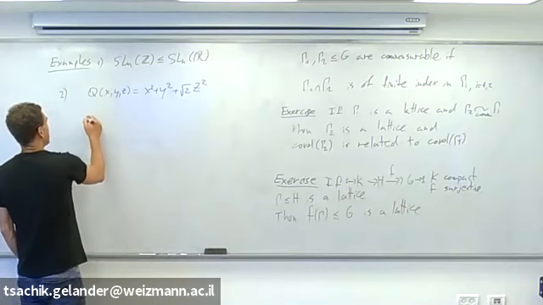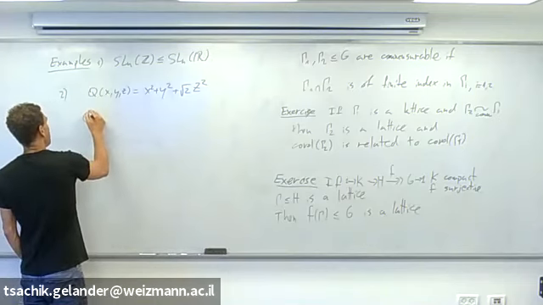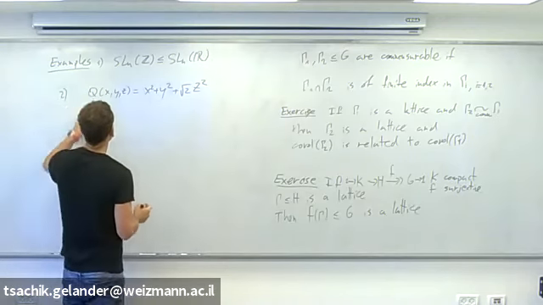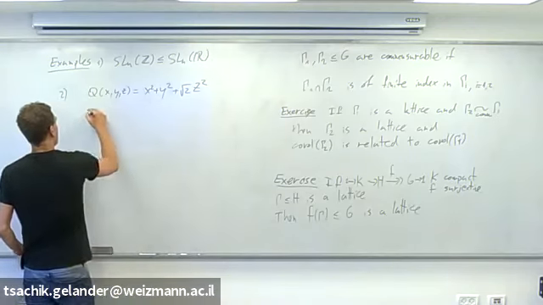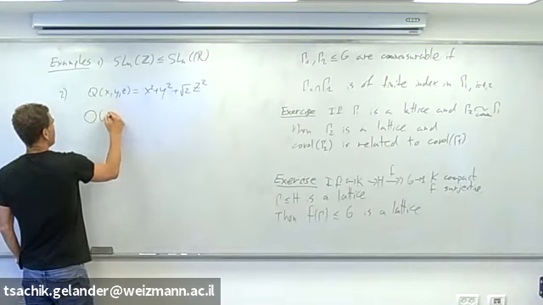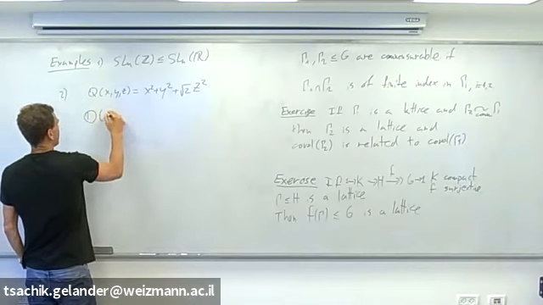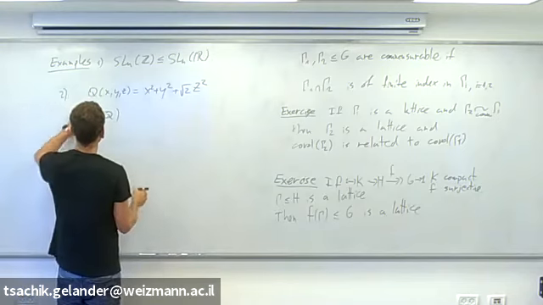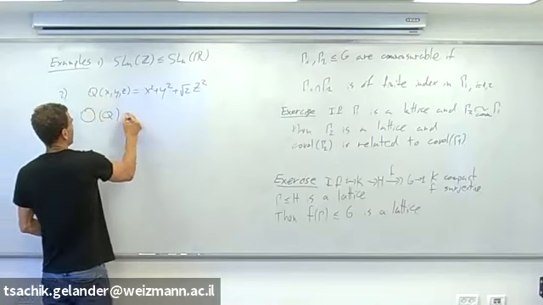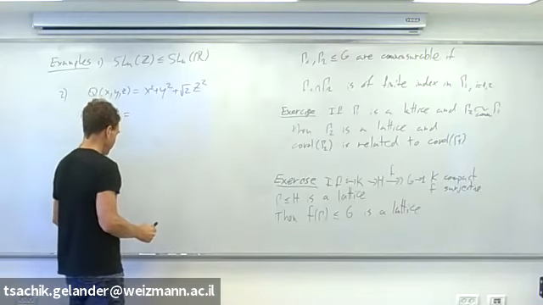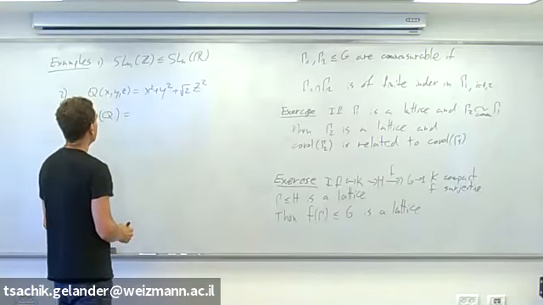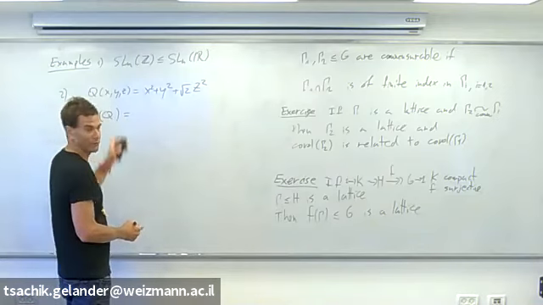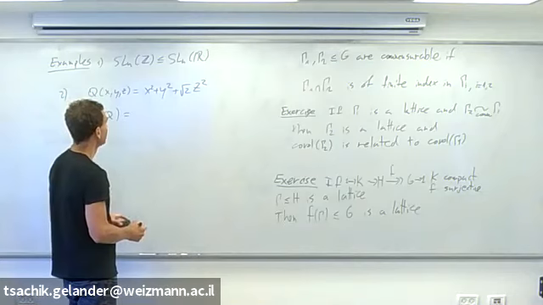And then consider the group O of Q, the orthogonal group of Q, which is all the matrices that preserve this quadratic form.